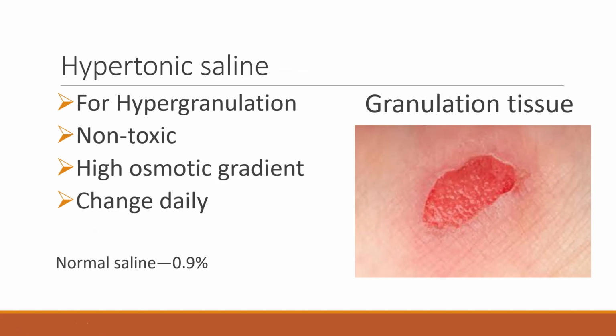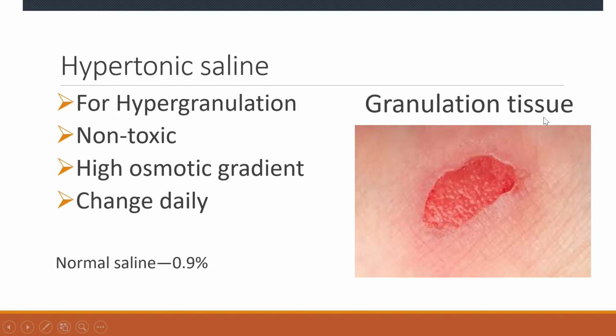The other thing we can use is hypertonic saline. When we clean the wound, we normally use normal saline, right? But when using normal saline to clean, sometimes it can cause granulation tissue because there's too much moisture or water there.